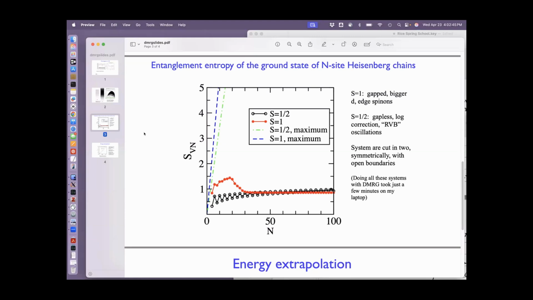I mentioned that the spin 1/2 has a little correction to the area law. It's a log correction. So the black line is slowly growing, that's growing as a log. You can see it's pretty modest. The entanglement entropy is very small compared to the maximum possible.